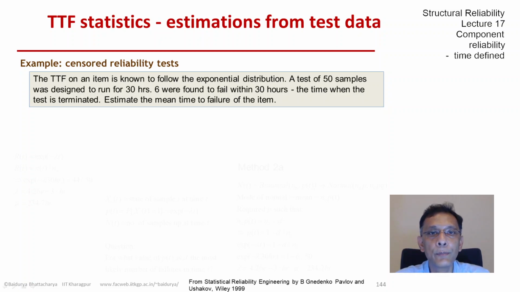Now here is a very important difference from what we did before. It is given that the time to failure follows the exponential distribution. So the examples we looked at before were non-parametric, but here we have knowledge about the distribution of the time to failure, which is defined by one parameter, lambda. So now we are entering the domain of parametric estimations.